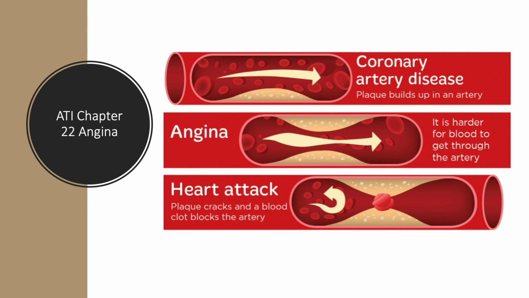So those are still stable plaques. They haven't broken open. They're just gradually progressing over years to decades. And that's what gives you stable angina, right? So people that have stable angina can predictably tell you how far it takes them to walk before they get chest pain, how many stairs it takes them to go up before they get chest pain. So it's very predictable.